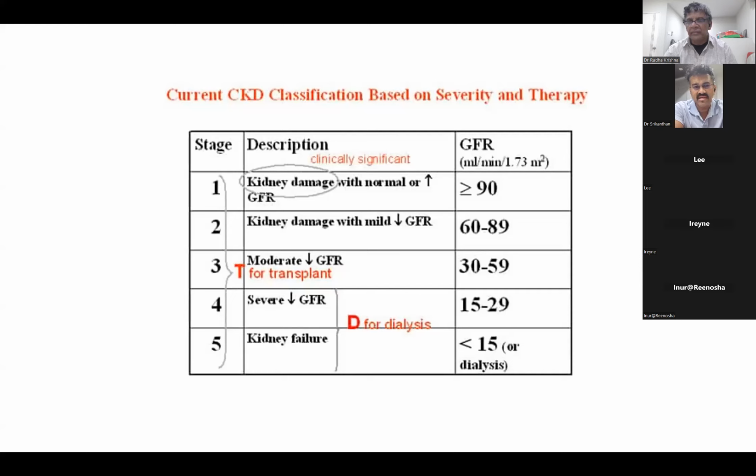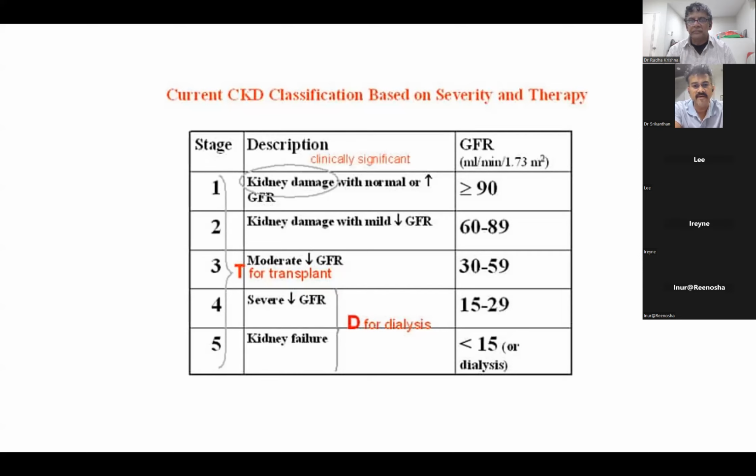The chart has been divided there. First, anything more than 90 is considered normal, or there may be slight damage. Number 2, there is a mild decrease of GFR, in the range of 60 to 89 mL per minute.